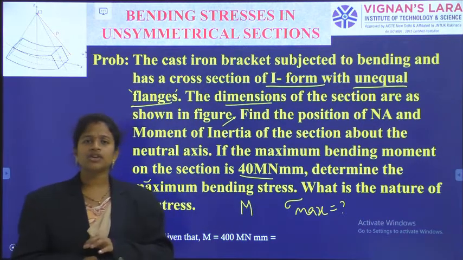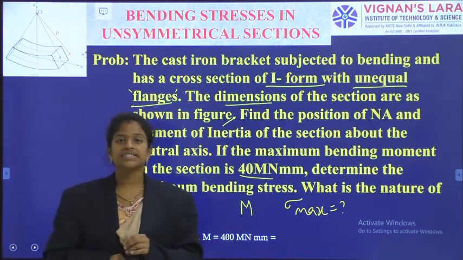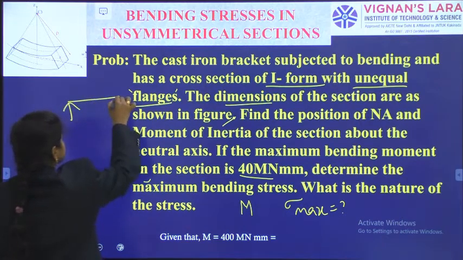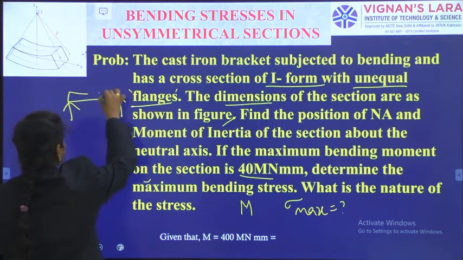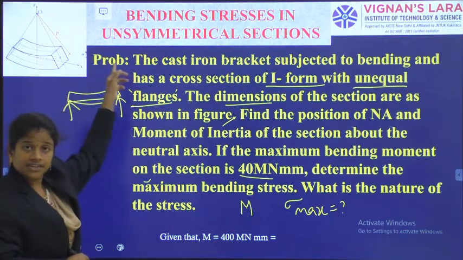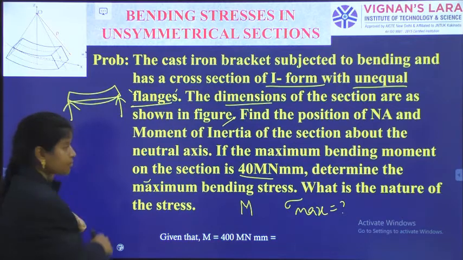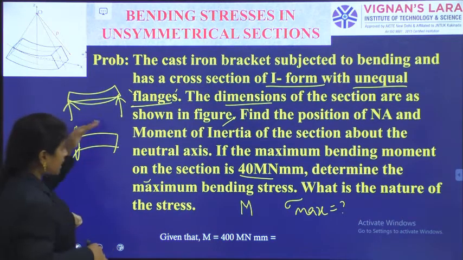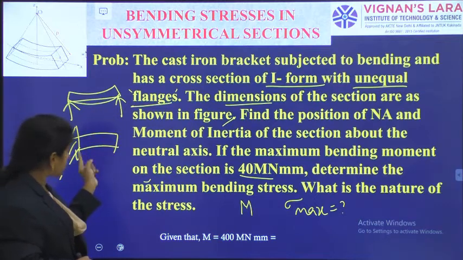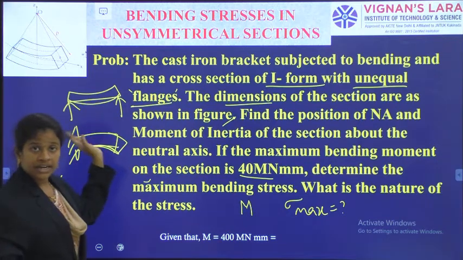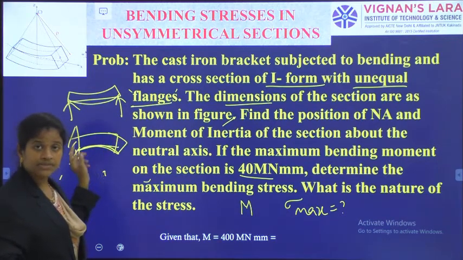What do you mean by nature of stress? As we have already said, a simply supported beam will have compressive stresses in the top and tension stresses in the bottom. But in case of a cantilever, it will have tensile stresses in the top and compressive stresses in the bottom, as the layers get compressed.